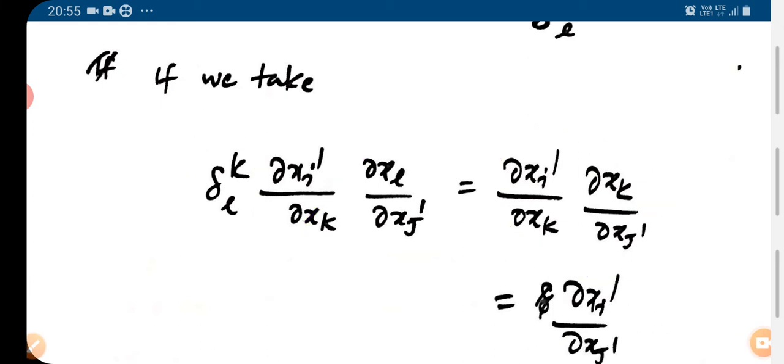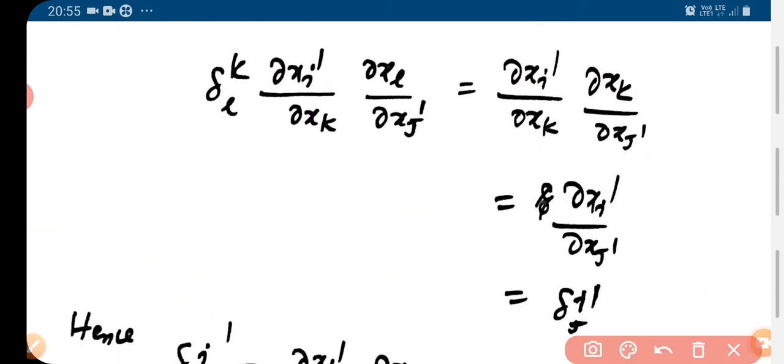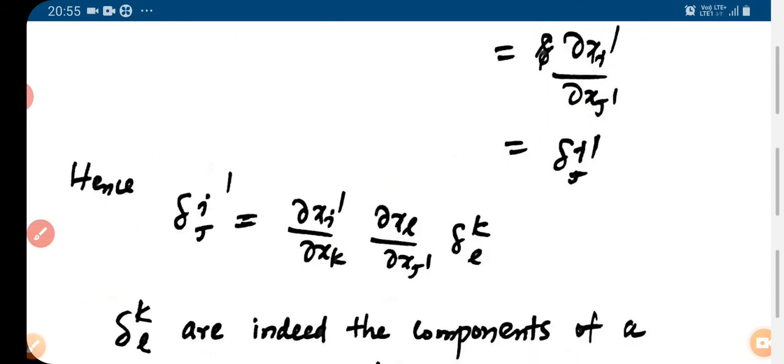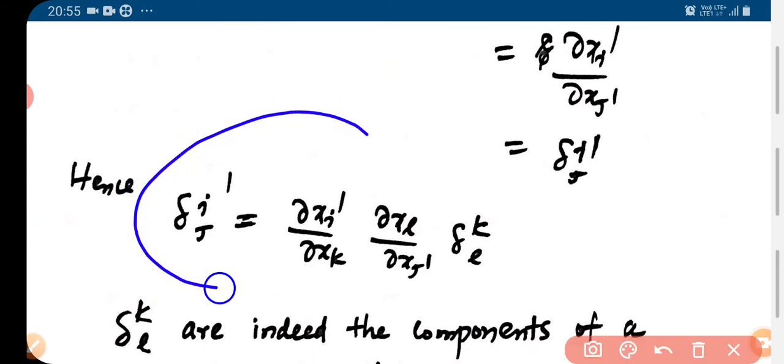This is simply ∂x_i'/∂x_j'. By the rules of calculus, this is δ_ij', because x_i and x_j are independent. ∂x_i'/∂x_j' equals 1 when x_i' is equal to x_j', and equals 0 when x_i' is not equal to x_j'. So that is δ_ij'.